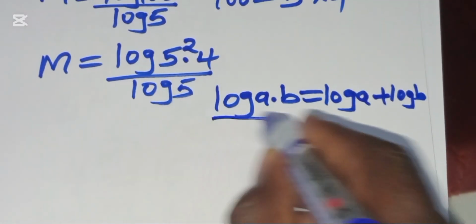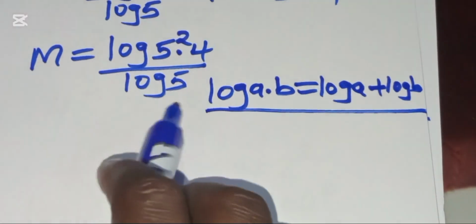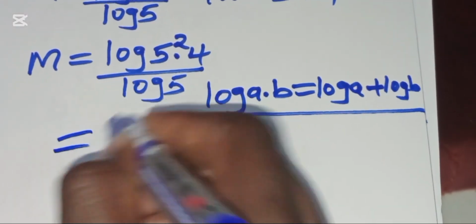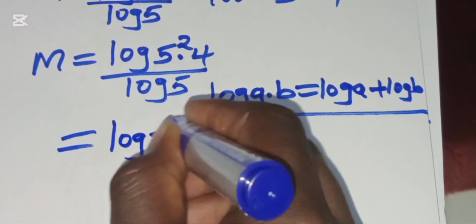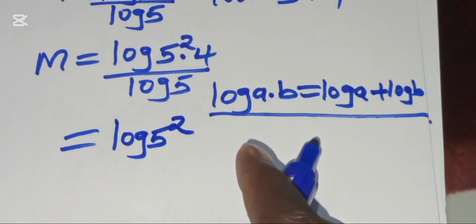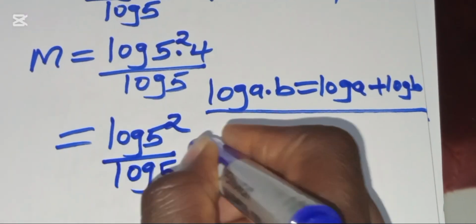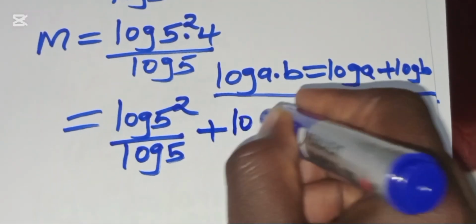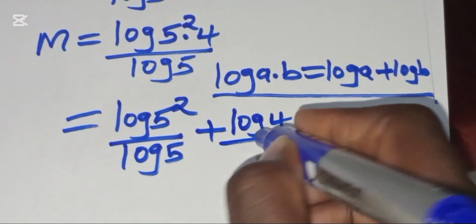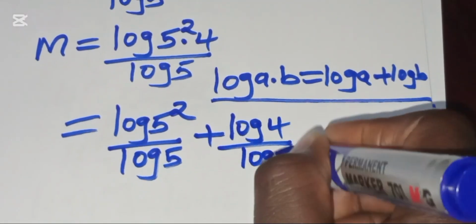Let's apply this property back here. Now from here, you're going to have log 5 raised to power 2 divided by log 5 plus log 4 divided by log 5.